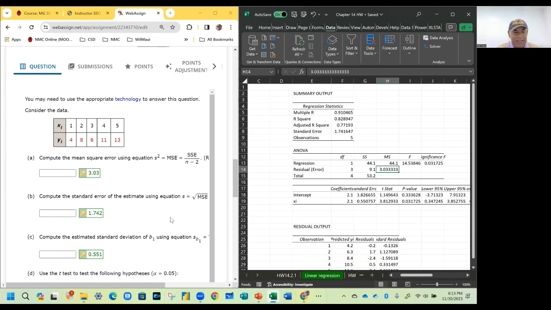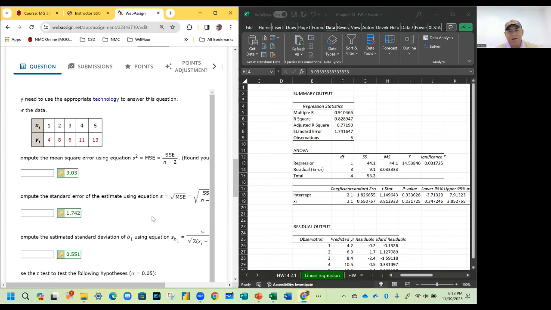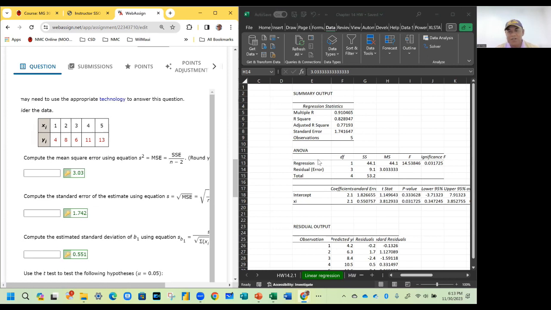So we got that, and then it says compute the standard error of the equation. So your standard error is over here. So let's see.